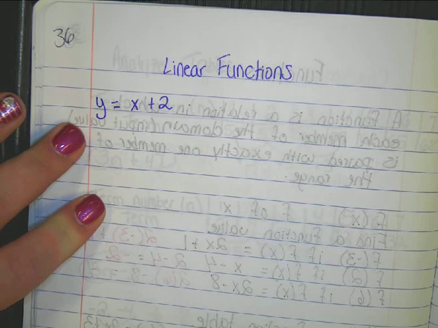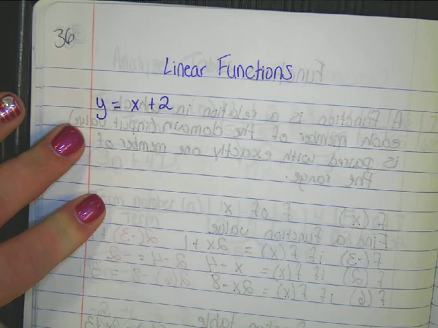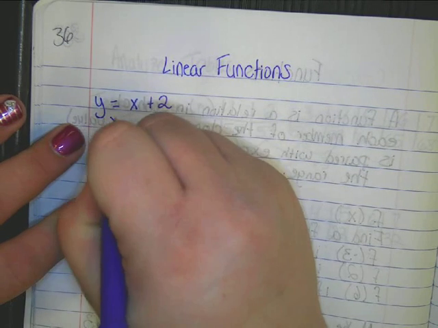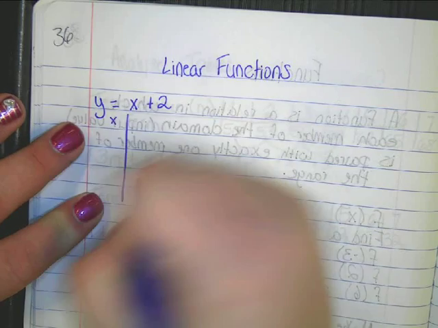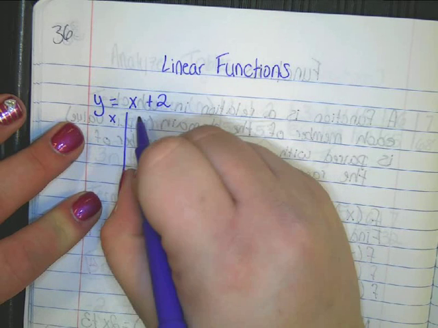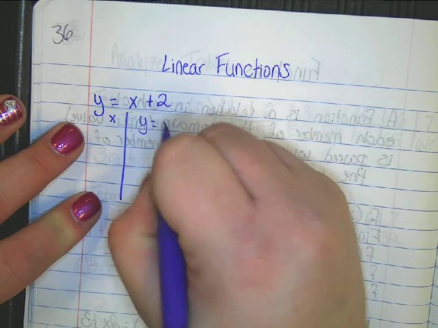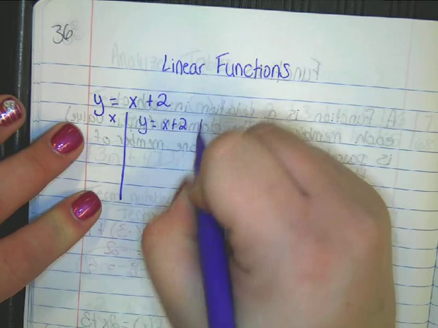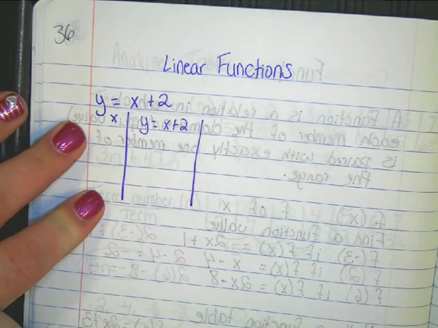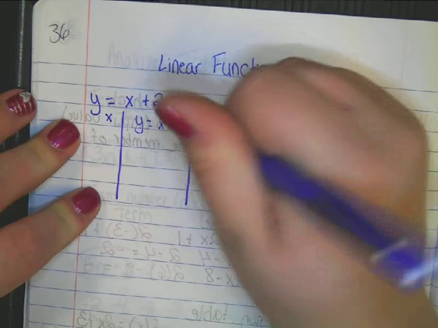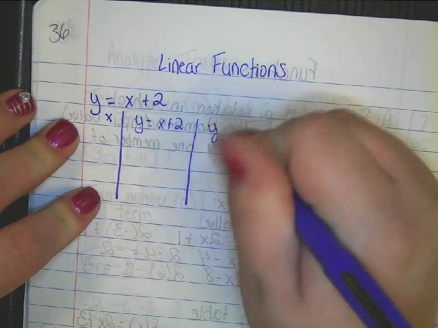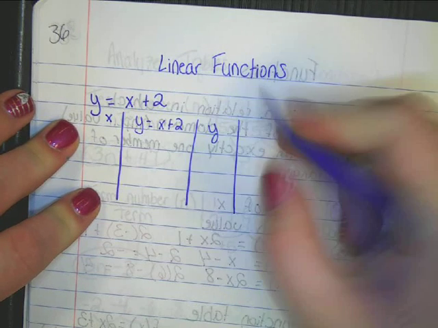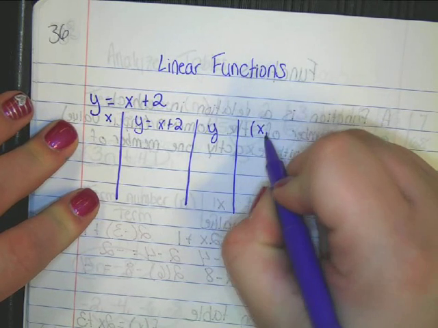So our chart that we're going to make is similar to what you were doing. So you'll have your x column. You'll have your y equals x plus 2. And instead of f of x, we're now going to use a y. And then we're going to add a fourth column, and that's going to be our xy.